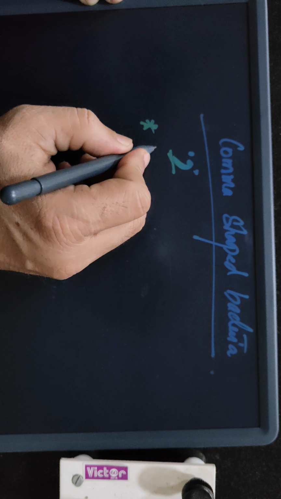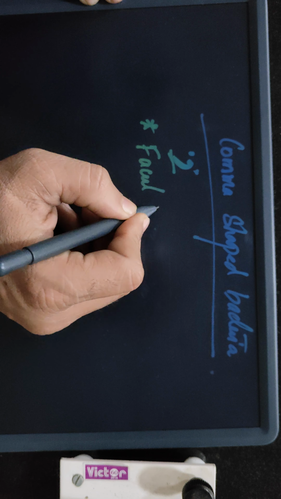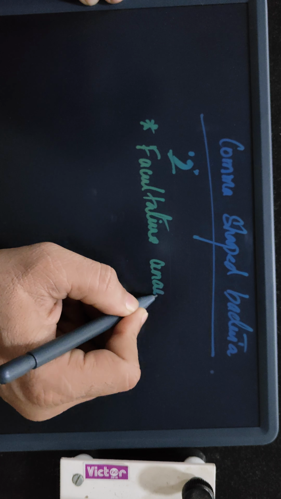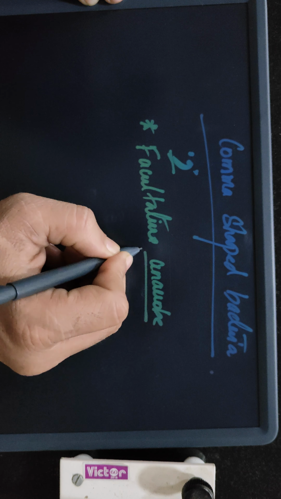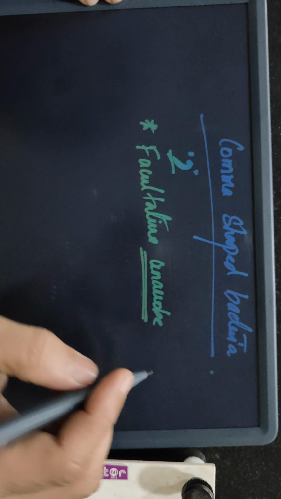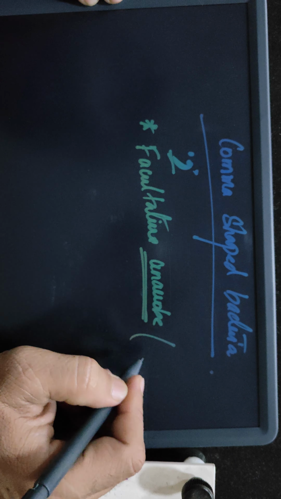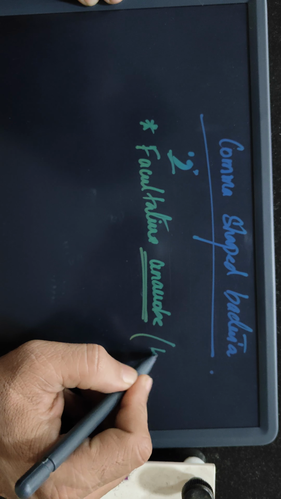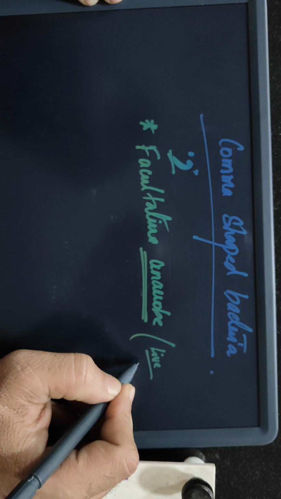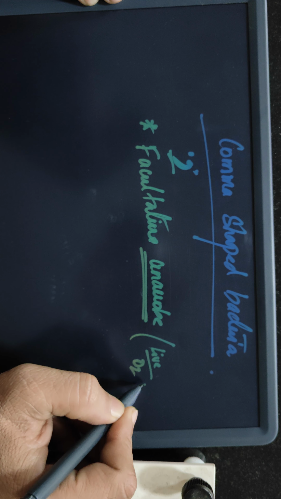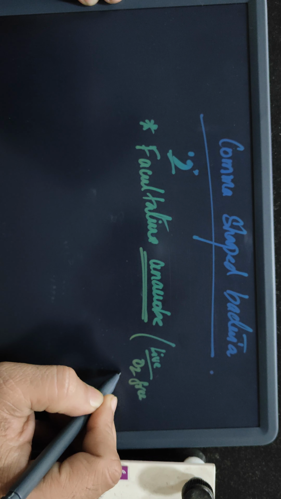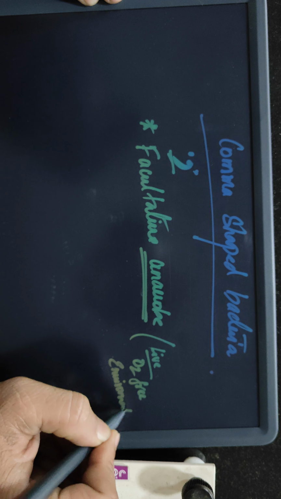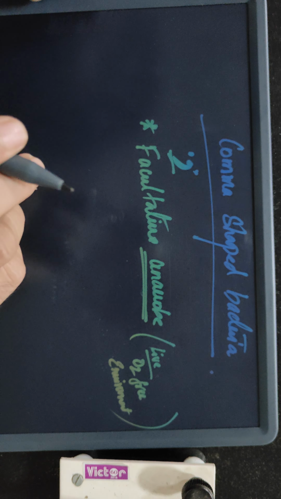It is facultative and aerobe, which means it can live in an oxygen free environment, in the absence of oxygen as well.